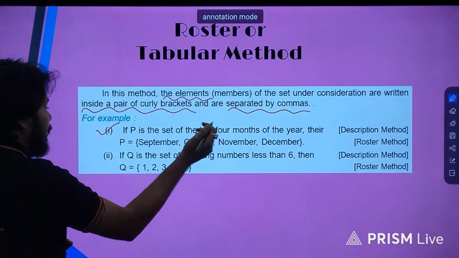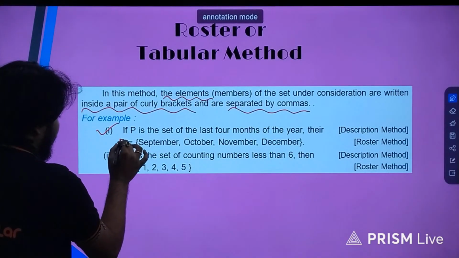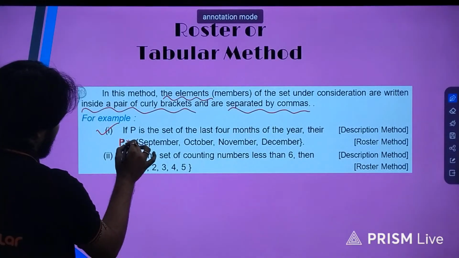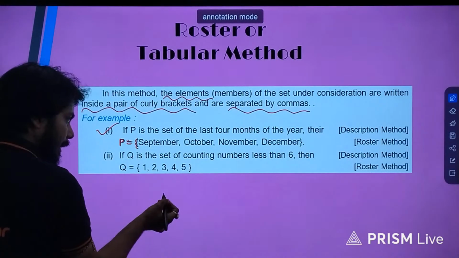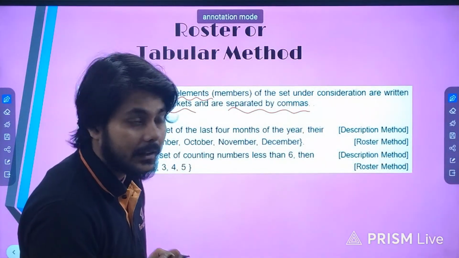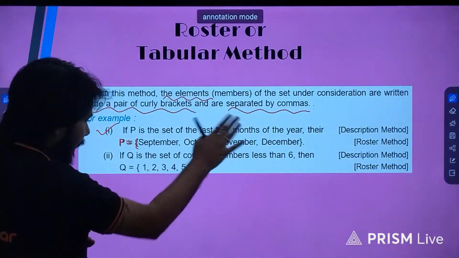By the roster or tabular method, we will write P equal to a curly bracket, which is given to show that these are the elements.